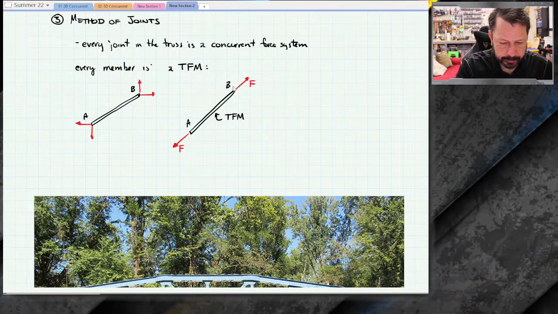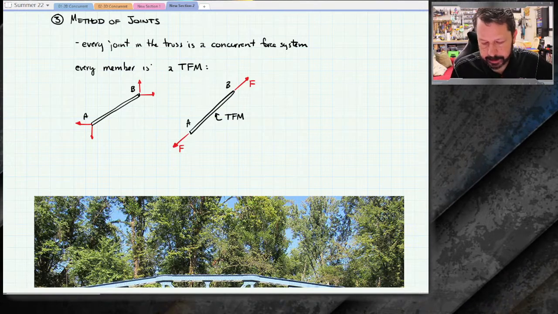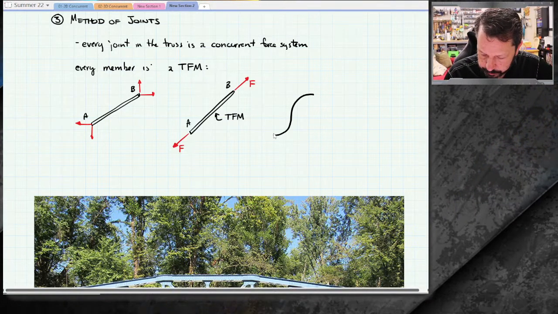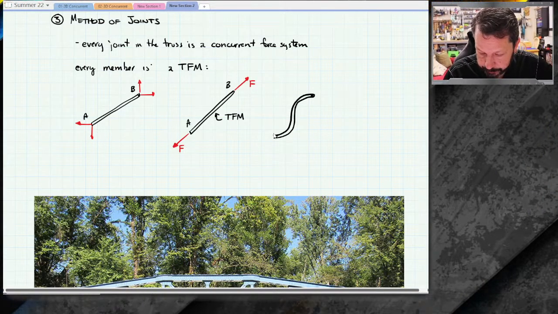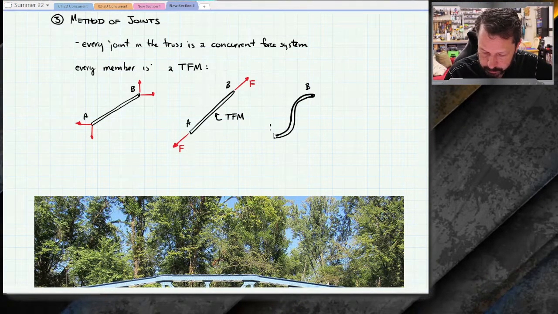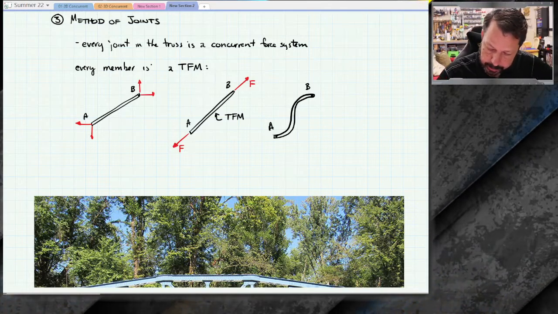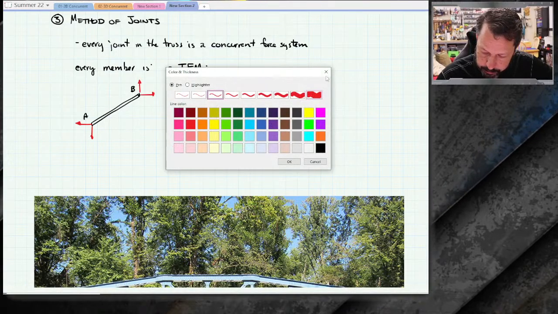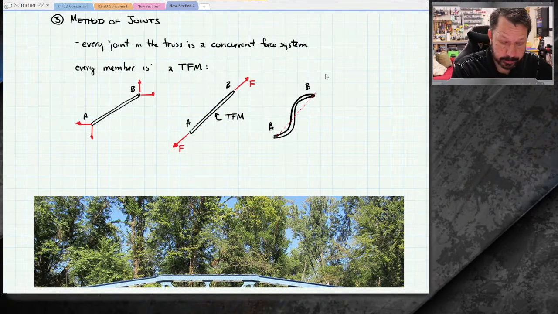The other little thing, which doesn't show up too much, but it does happen, is that let's say that AB is some weird shape. If I can prove that AB is a 2 force member, then I can connect the dots between point A and B. And that's still the line of action.